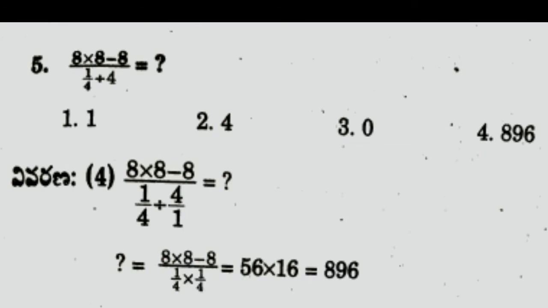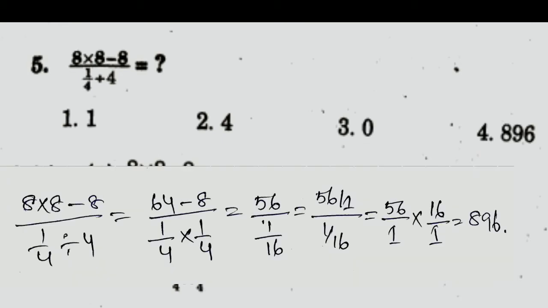Solve 8 into 8 minus 8 by 1 by 4 divided by 4 is equal to how much? The options are 1) 1 2) 4 3) 0 4) 896. The solution is 8 into 8 minus 8 by 1 by 4 divided by 4. 8 8s are 64 minus 8 by 1 by 4, divided by is replaced by the multiplication.